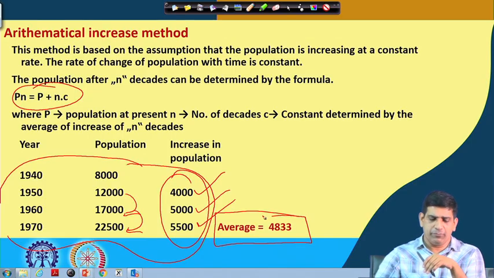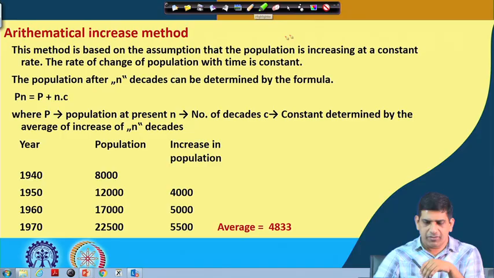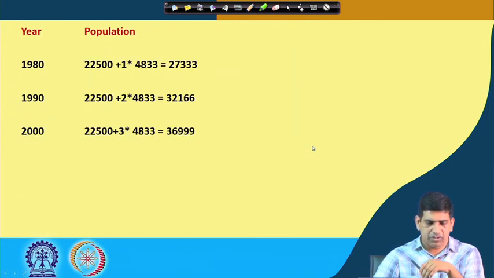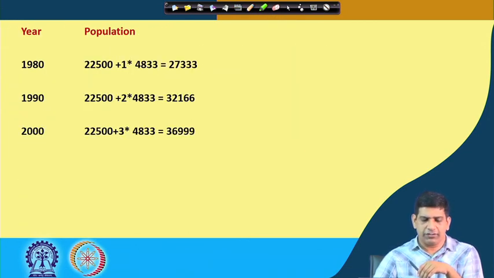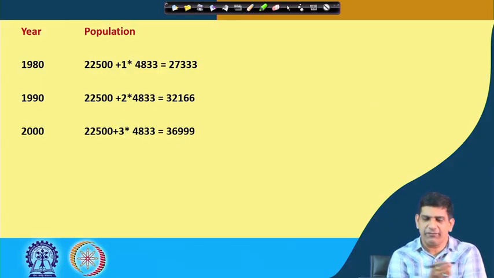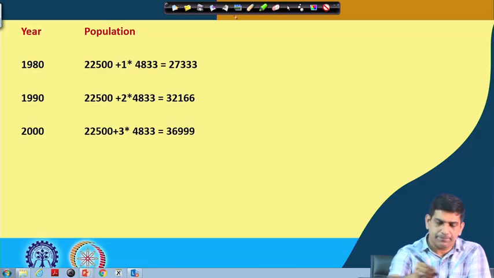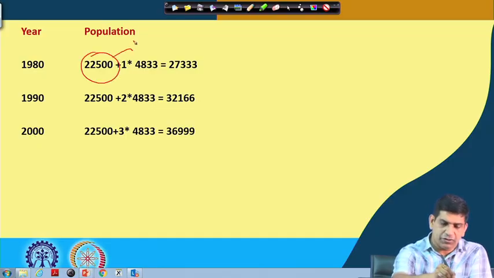Now taking that number into consideration, we'll go to the next step and project. The average is 4,833 per decade. For 1970, if you remember from the previous slide, the population was 22,500.